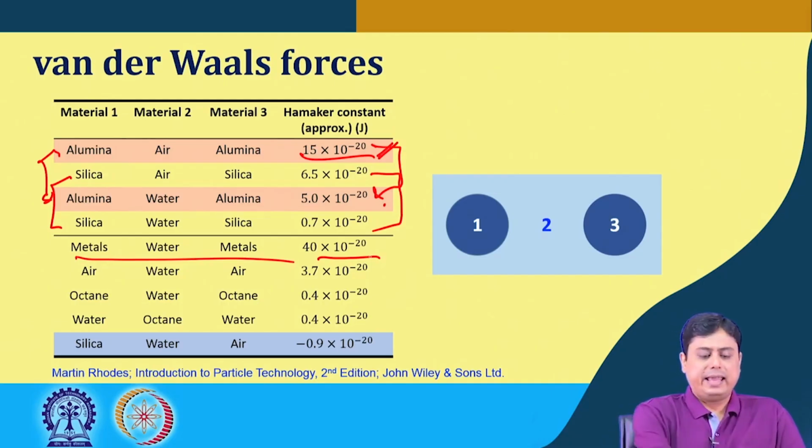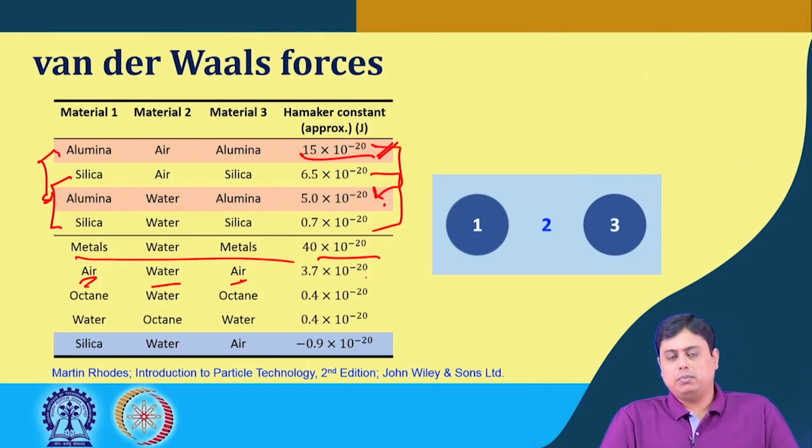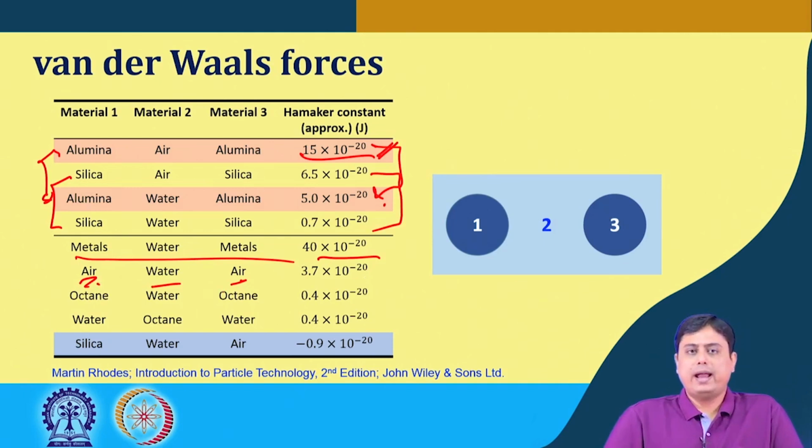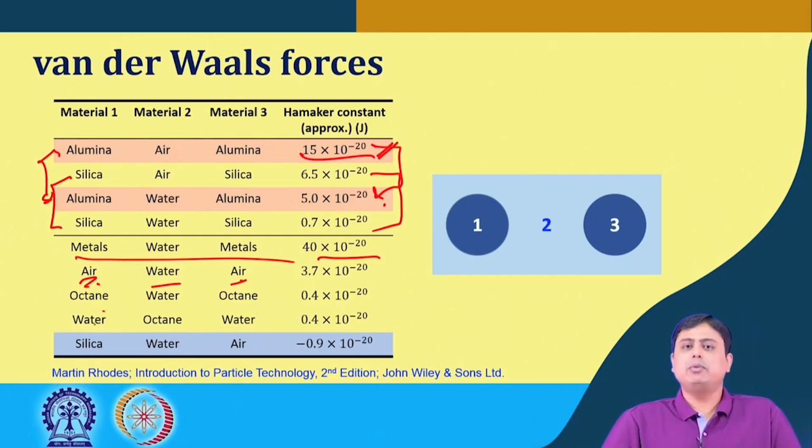So, these are the air bubbles, say in water. Now, we have spoken about solid particles. In this case, air bubbles or oil droplets can also be considered as particles to estimate the interaction between them by this theory.